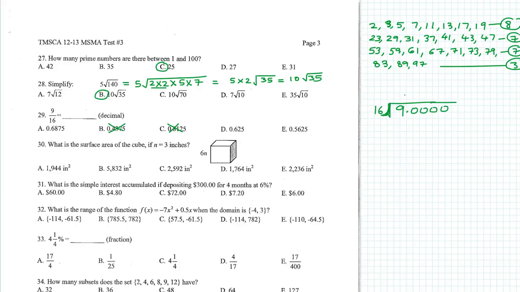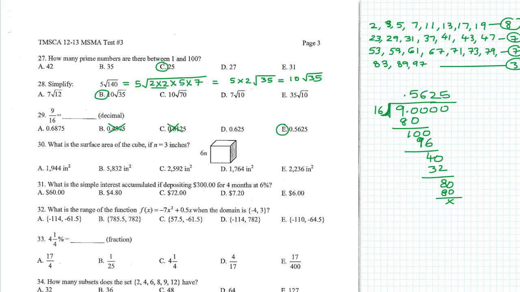So 16 times 5 is 80, so the remainder is 10, and then 16 times 6 is 96, remainder is 4. 16 times 2 is 32, the remainder is 8, and then 16 times 5 is 80. So the answer is 0.5625. So we select E as the answer.